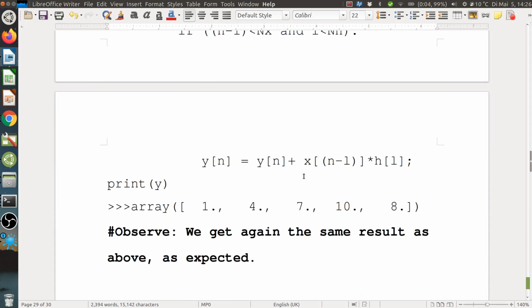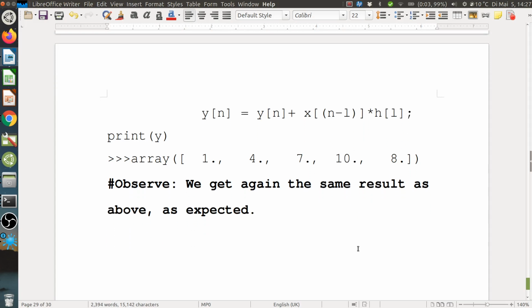So then here we simply have the summation y equals y plus x of n minus L times h of L, and this is then the result. So here we can see that those two for loops, this explicit sum calculation, give us the same result, 1, 4, 7, 10, 8. So again we get the same result as above, as expected.